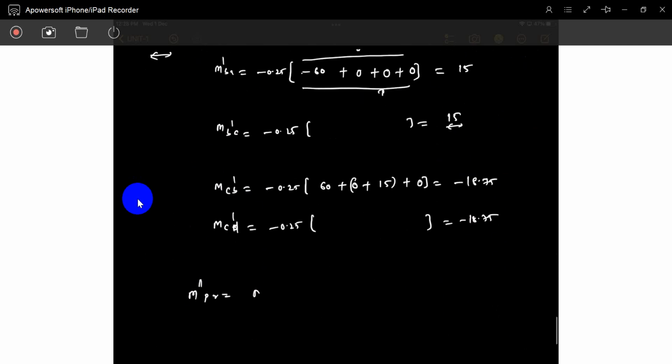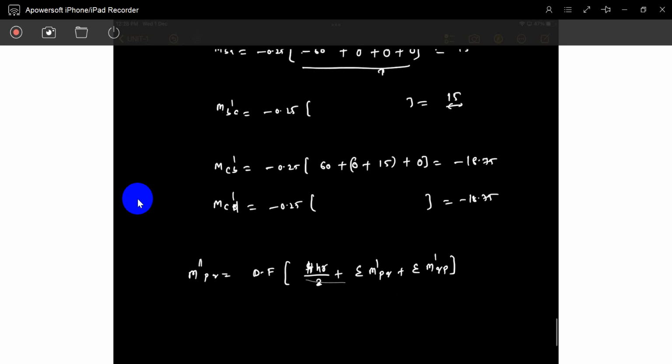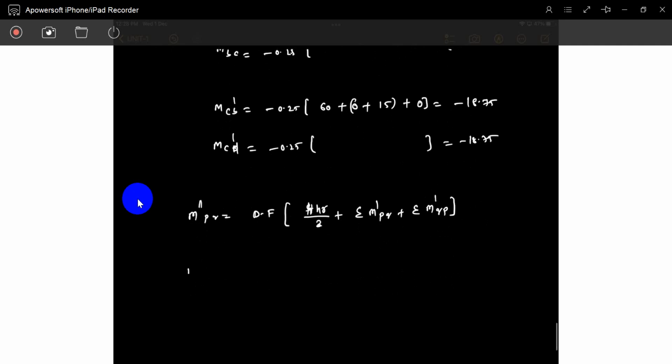MPQ is displacement factor multiplied with H into HR divided by 3, sum of the translational PQ, sum of the QP. That's it. Now you can observe M double dash AB or BA, same.